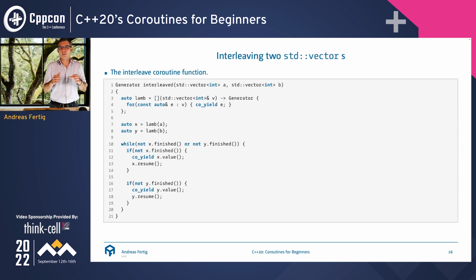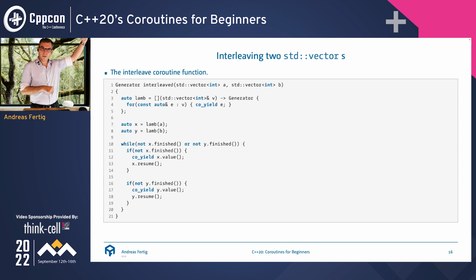So finished here is obviously another function of my wrapper type generator, which we will see next. And then we go into the body, and now in line number 11, we have another if statement that once again checks, is X already finished? No, it's not. Then I'm going in there, and in line number 12 co_yielding X.value. So now I'm reaching into the subcoroutine, pulling a value out there, giving it to the caller of interleaved.